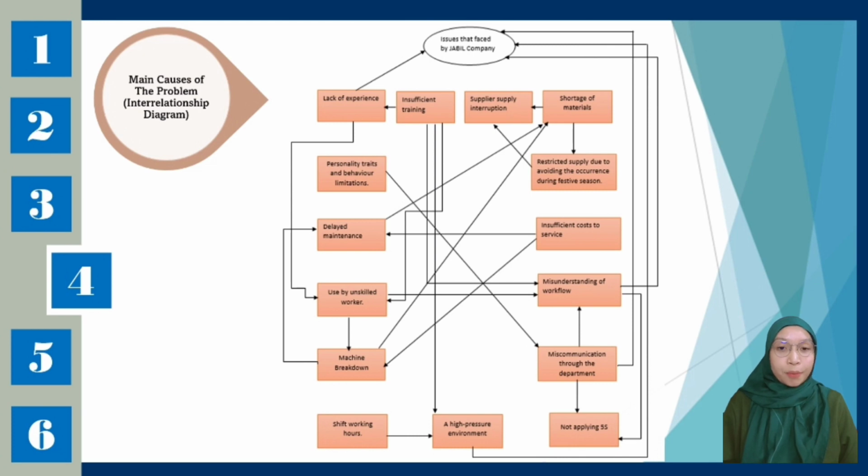In conclusion, the company needs to play an important role in overcoming the causes and effects of this problem because it involves the workforce. So they need to master the workforce to make them more proficient in generating better productivity.